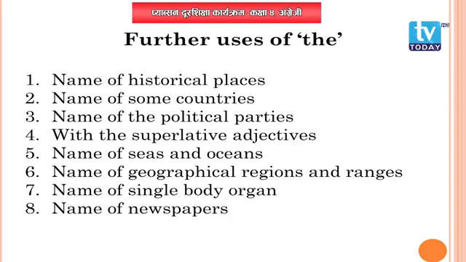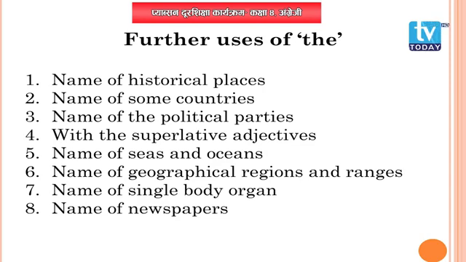When we talk about the three different geographical regions of our country, what do we say there? Tarai region, Himalayan region and hilly region. When we have to indicate them anywhere, then we just have to indicate with the article the. The Tarai region, the Himalayan region, the hilly region.